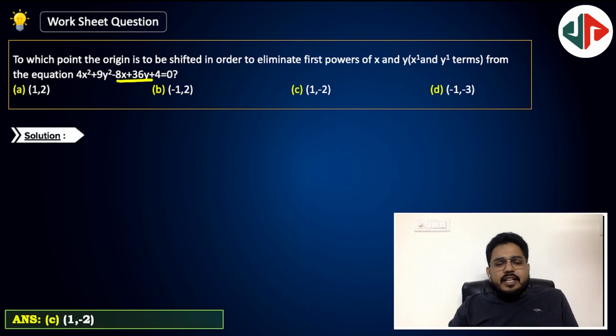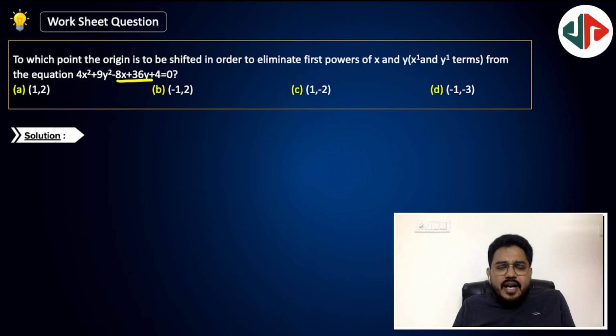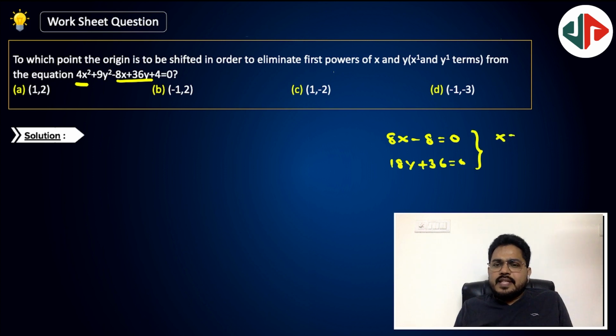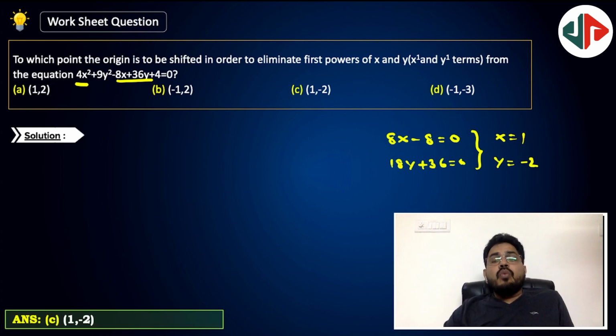You need to shift the origin to the point (hf minus bg by ab minus h square, gh minus af by ab minus h square), or differentiate partially: 8x minus 8 is equal to 0, and partially differentiate with respect to y: 18y plus 36 is equal to 0. So from here, x is equal to 1, y is equal to minus 2. So you need to shift the origin to 1 comma minus 2.